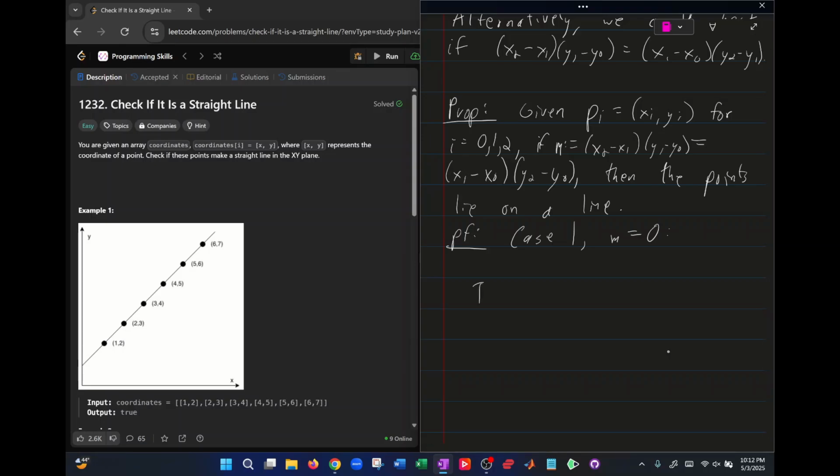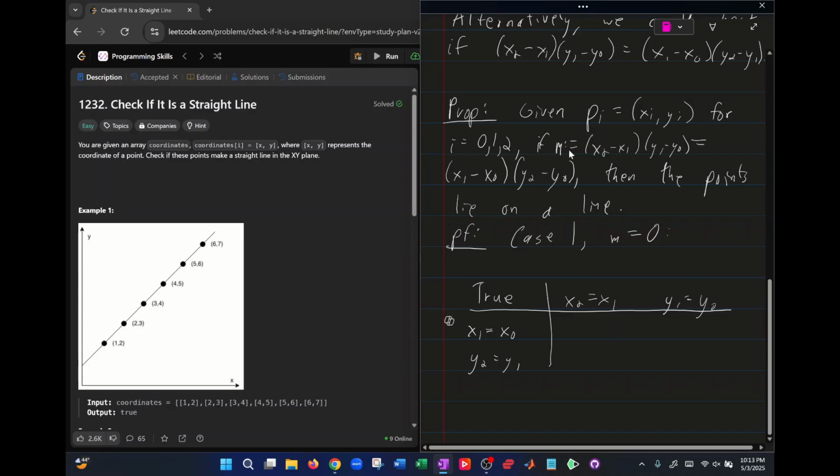So I'm going to write this out in a chart like this. And then y2 equals y1. Okay. So if M is 0, then let's see here, we have these two statements.